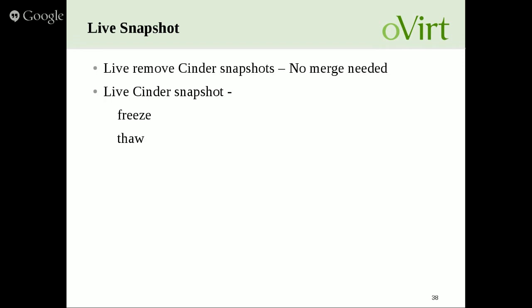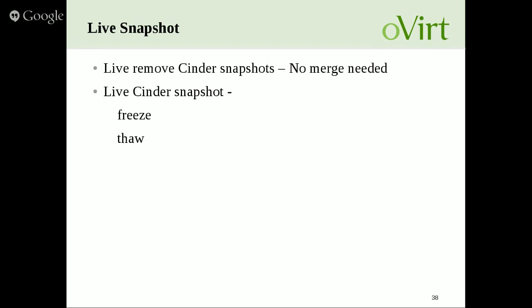Until now in oVirt, when we were using volumes for VDSM, we were using qemu, and we actually implemented this architecture in oVirt. So when we tried to remove some snapshot, we actually did some kind of merge, and that made the live merge a bit difficult.